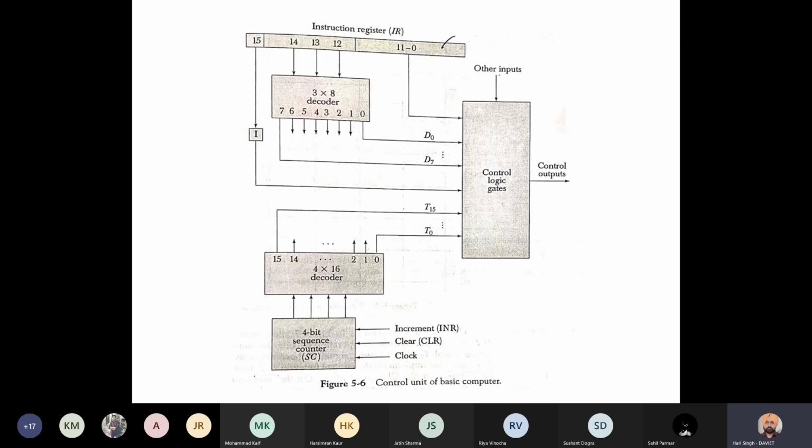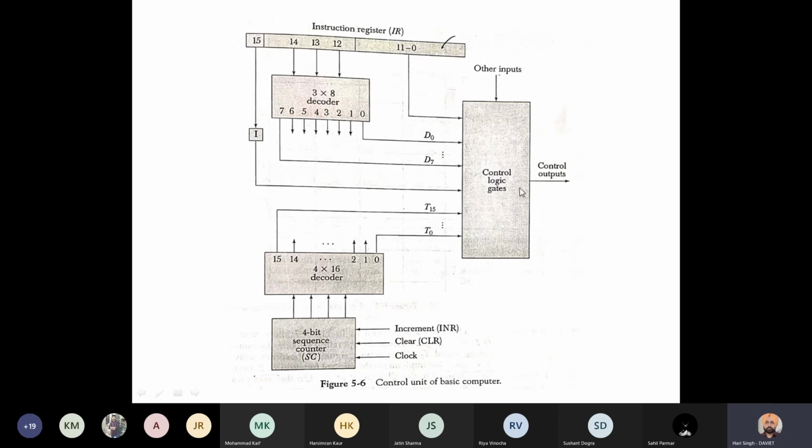In hardwired control, the basic control unit structure remains like this. This is the control structure of a simple CPU. This control unit has decoders, a 3 into 8 decoder, a 4 into 16 decoder, a 4-bit sequence counter, an instruction register, and control logic gates.